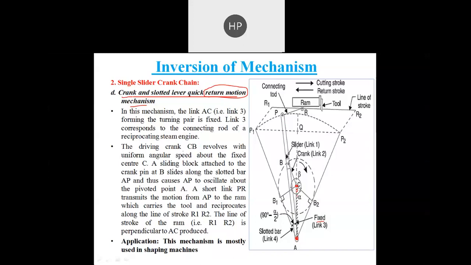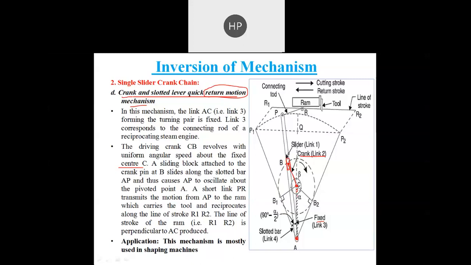Then the driving crank CB, here this is CB, is a crank, link 2, which revolves with an angular speed about the fixed center C. So this B, as you can see in the dotted circle, is the angular rotation of the point B with respect to point C. And this one is the sliding block.